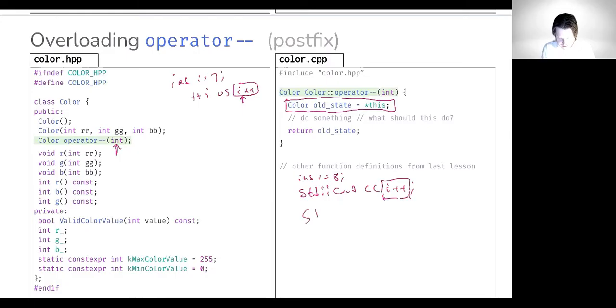If you were to write I, here we'd see 8, here we'd see 9. The same would hold for our user-defined color here. We'd observe the old state in the expression. However, the next time we saw that variable, it would indeed have the result of this operation applied to it.